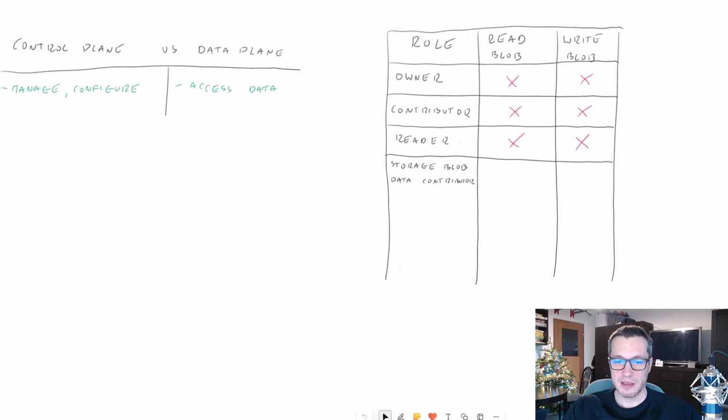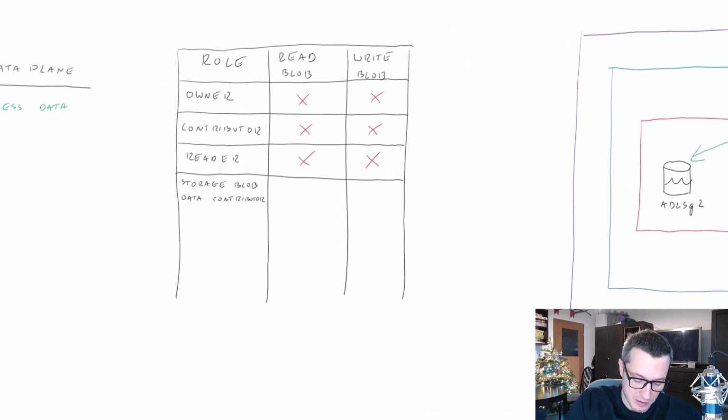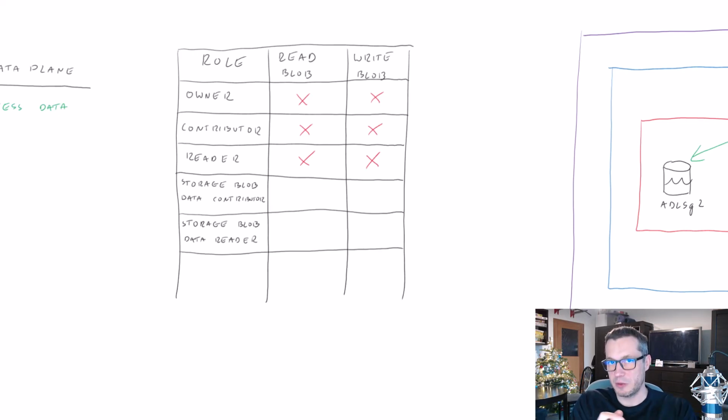And in the meantime, let's fill this table. So we've got storage blob data contributor, and for simplicity, let's add only a reader as well. So storage blob data reader role. All right. And now these two are the roles that are used in case of a data plane.